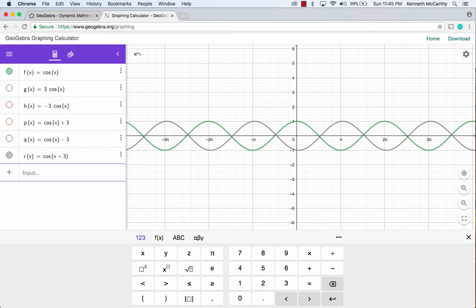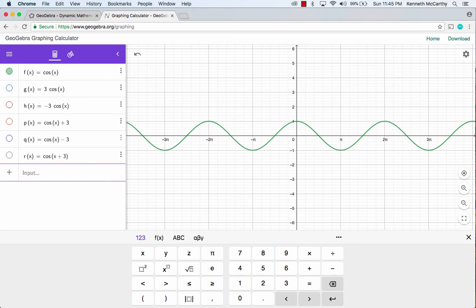So the parent function being here, it's hard to see when they're both on top of each other, but let's just look at our values for theta is 0 and theta is pi. Theta is 2 pi will be the same as theta is 0. So we'll look at 0 and pi for the parent function. It's positive 1 for 0 and negative 1 for pi.